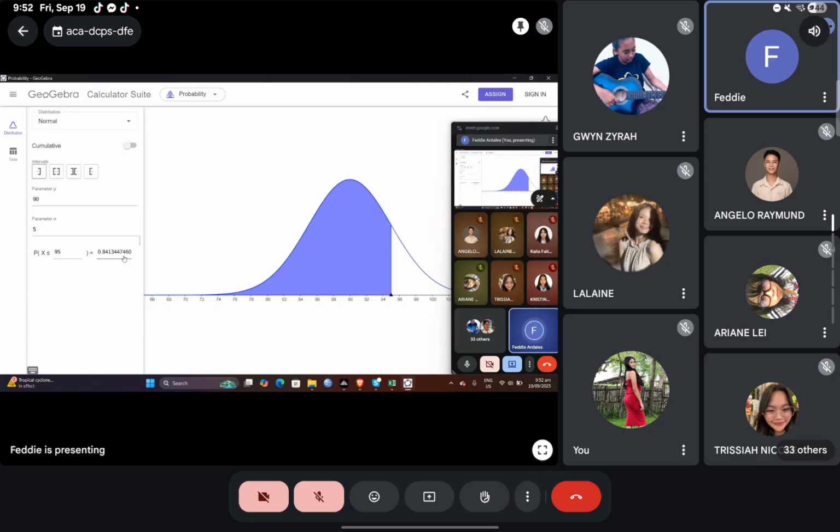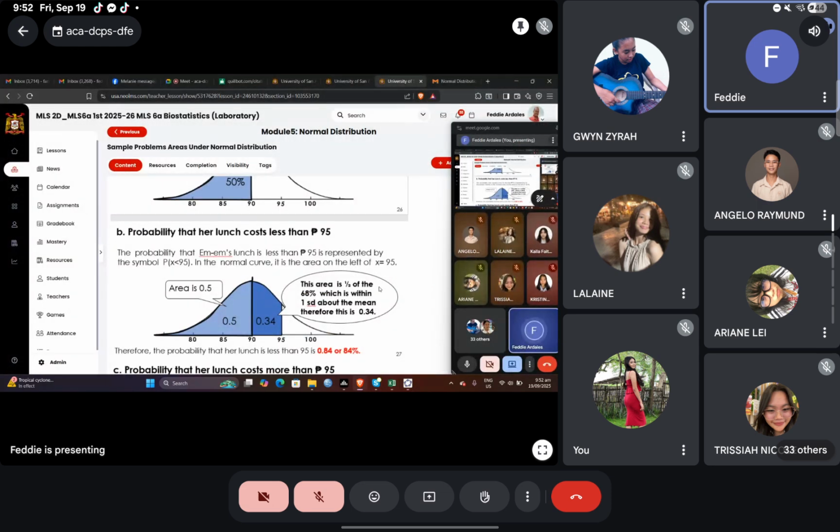And since it falls within one standard deviation of the mean, we can still approximately say that her lunch costing less than 95 pesos has a probability of 84%. Do you follow? Okay, thank you.